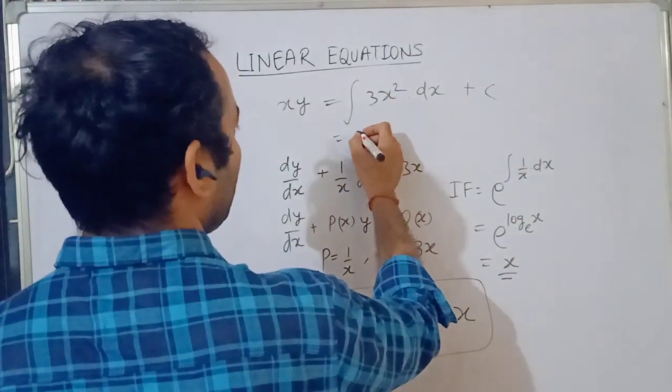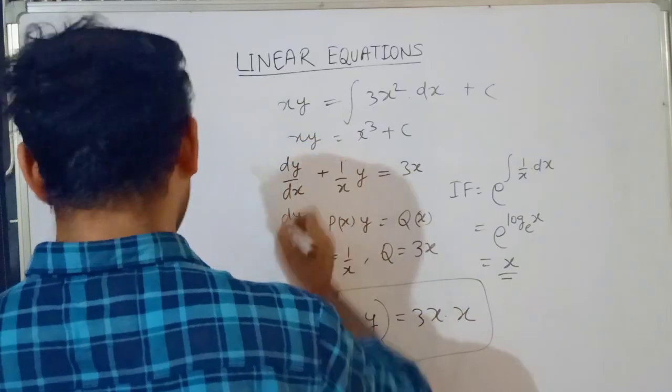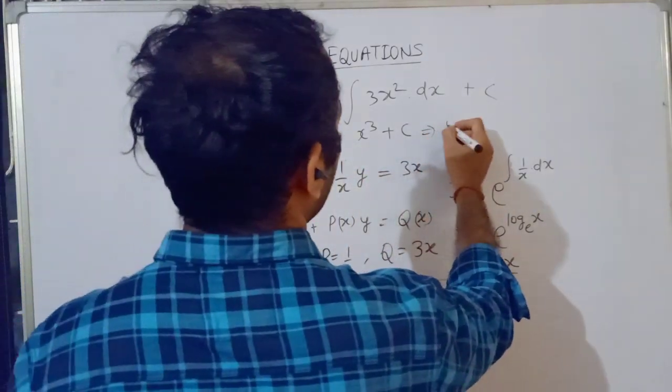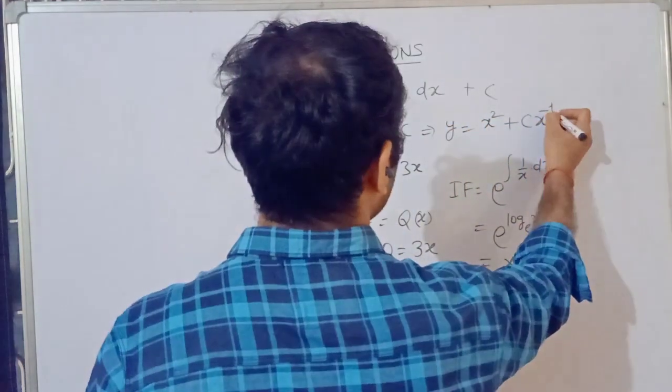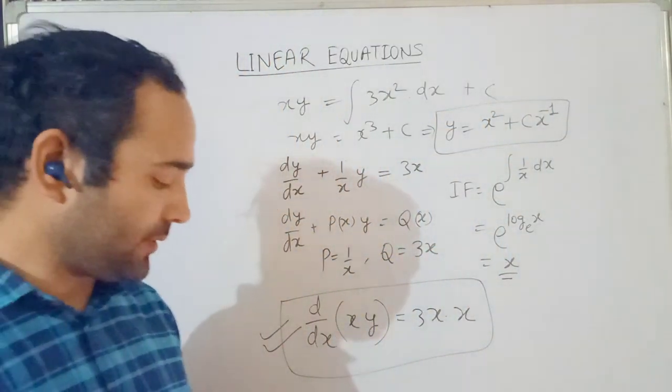So this is what? x cube, right? plus c. xy is equal to x cube plus c, or y is equal to x square plus c x to the power minus 1. This is your solution to the first order linear differential equation.